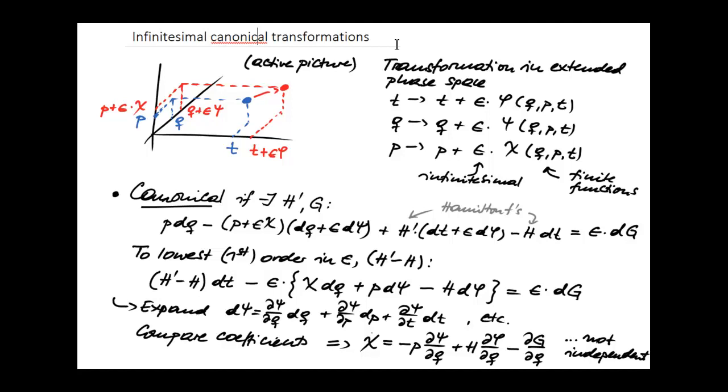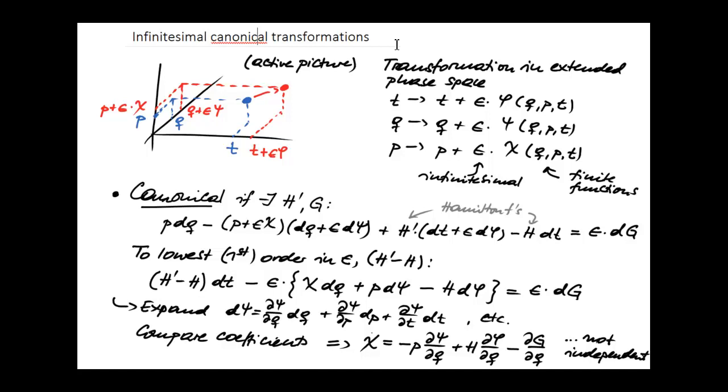We can also compare the coefficients in front of the dp's. When we compare the coefficients in front of the dp's, then we find that minus p times the partial of psi with respect to p plus h times the partial of phi with respect to p must equal the partial of g with respect to p.